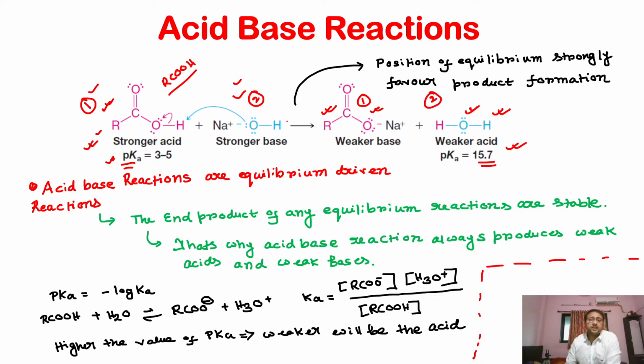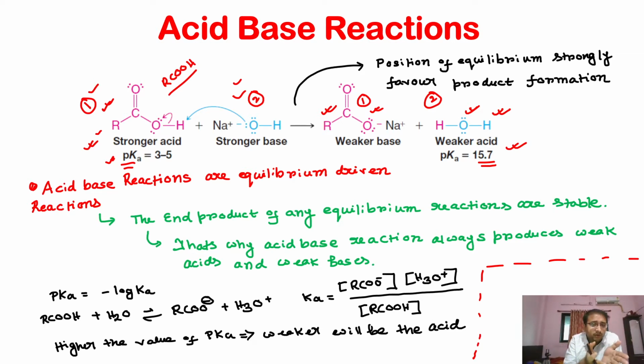Because the reaction is basically an equilibrium driven reaction, so the end product of any equilibrium reaction has to be stable. Any stronger acid or stronger base will always have a tendency to participate in reactions, so stronger acids or bases are not thermodynamically stable. But weaker acids or weaker bases have less tendency to participate in reactions, so they are much more stable.